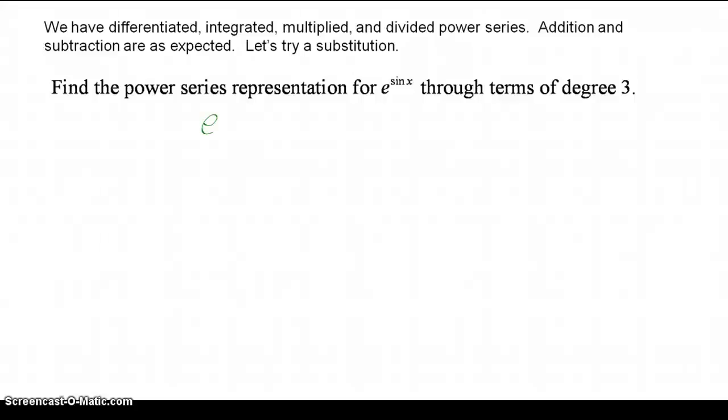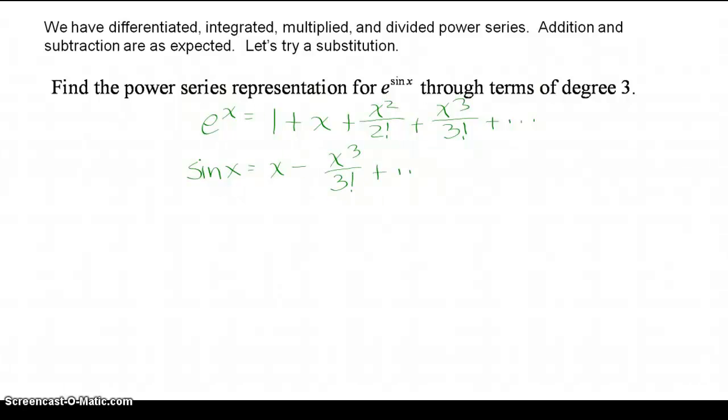Well, let's start with the power series representation for both of the functions in question. And it says through degree 3, so there's degree 3. We need the power series representation for sine, and there they are.